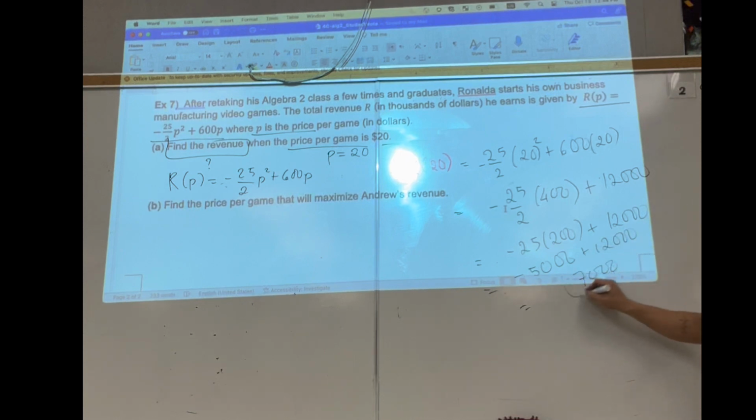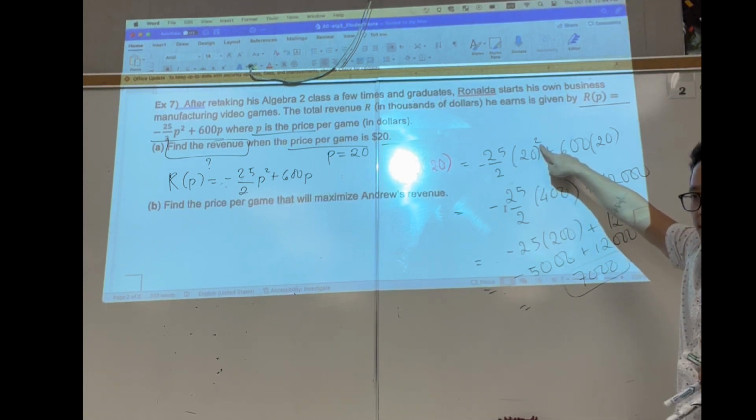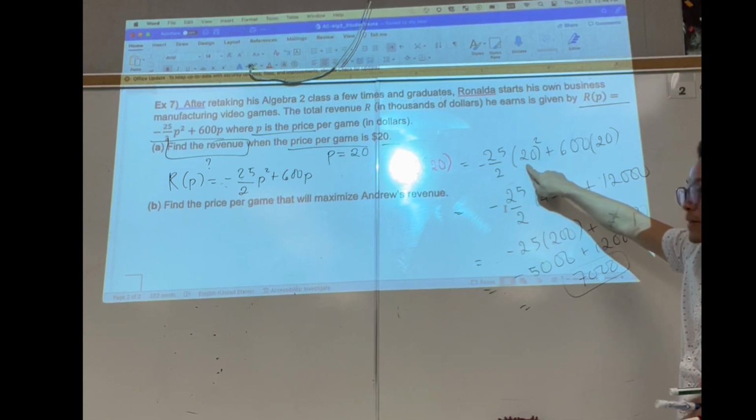Oh, okay, I see it now. Don't you multiply the negative 25 over to the 2 before the 20 squared? No. PEMDAS: you need to take care of the exponent first. Parentheses, yes? That's why you need to take care of parentheses first.